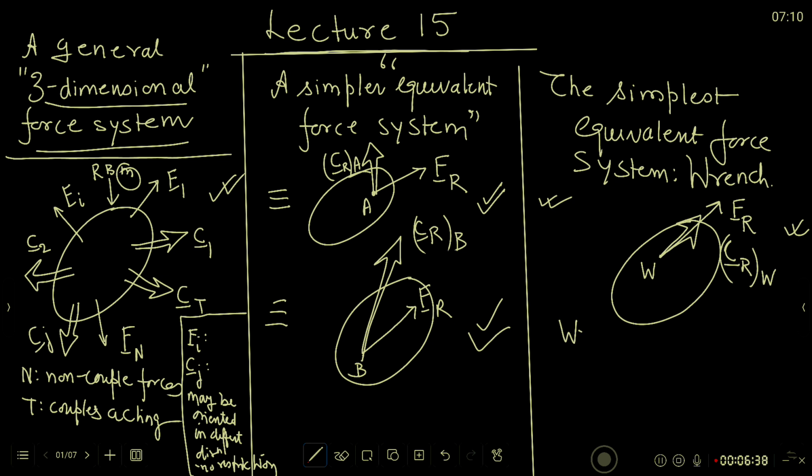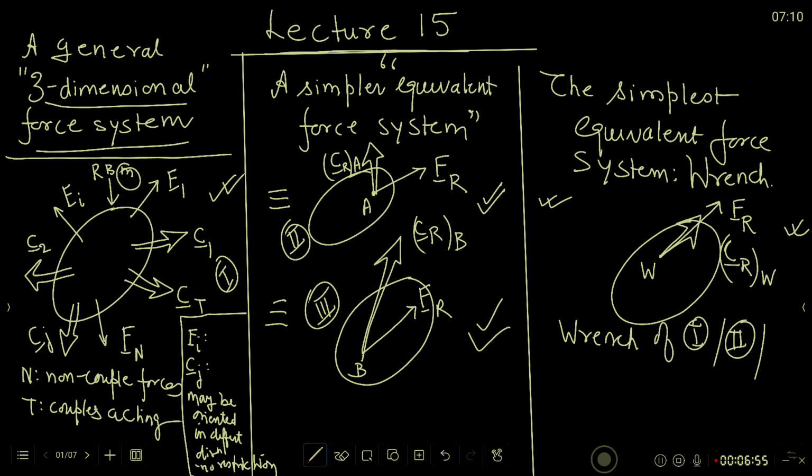This is called the wrench. If this system is 1, this is 2, and this is 3, you can call it the wrench of 1 or 2 or 3. However, there is one important point we need to remember: when you are talking about the wrench of a system, this point W cannot be chosen arbitrarily.